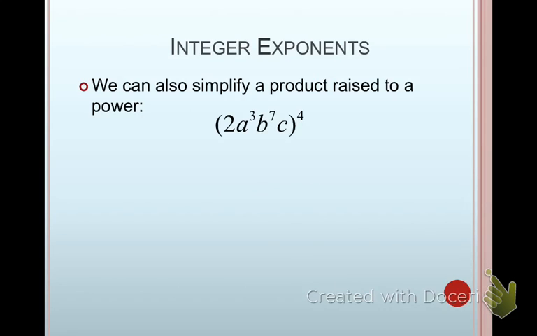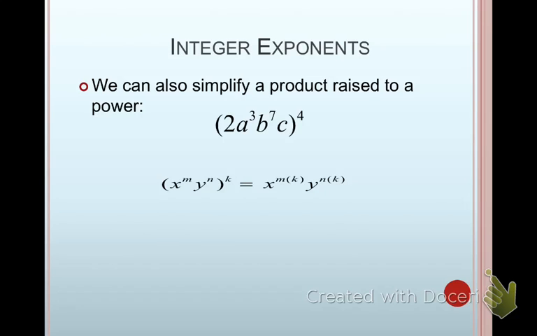Now, what do you think might happen here in this case where that exponent of 4 is outside that entire product? That 4 actually belongs to everything inside the parentheses. And you can see that rule illustrated here.